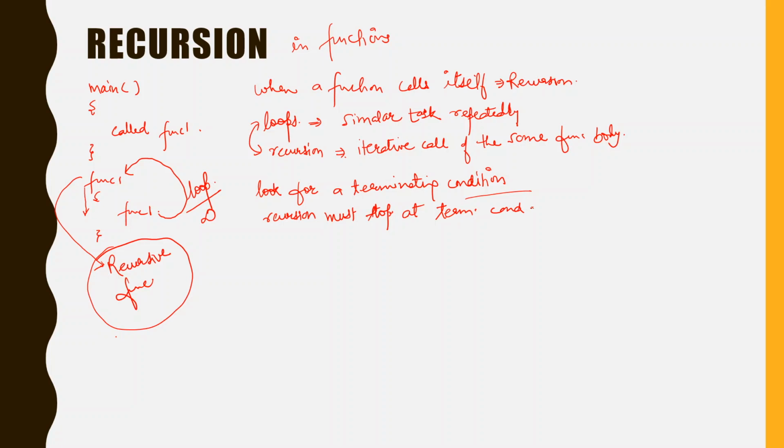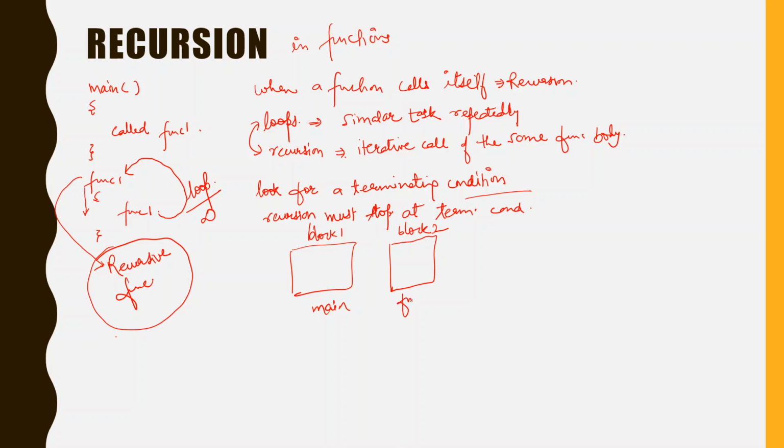Now how is recursion actually performed in memory? So we will see it. Suppose this is block 1, the code block of the main function. Now we know that every call to a function creates a block of memory, and a new set of variables is created here.